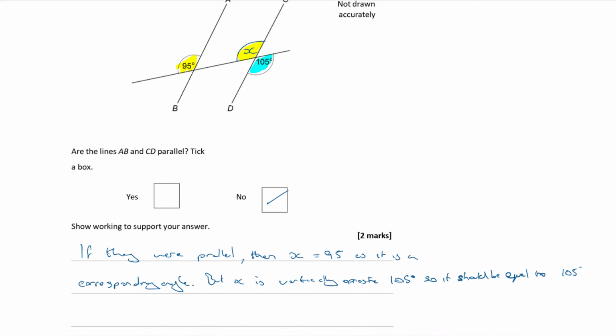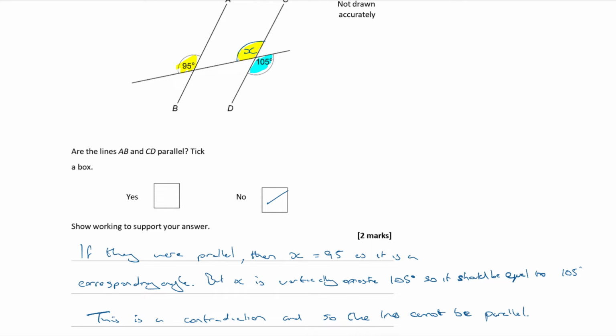I'm just going to say that this is a contradiction. This is a contradiction. And so the lines cannot be parallel. Okay, so I've written far too much here probably, but you know, it's worth 2 marks.